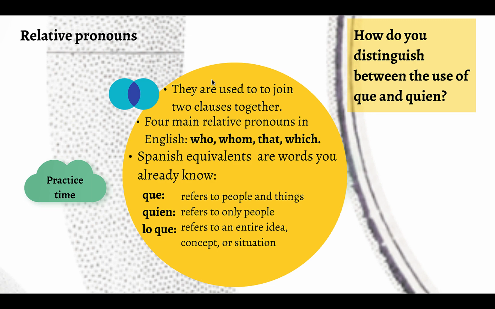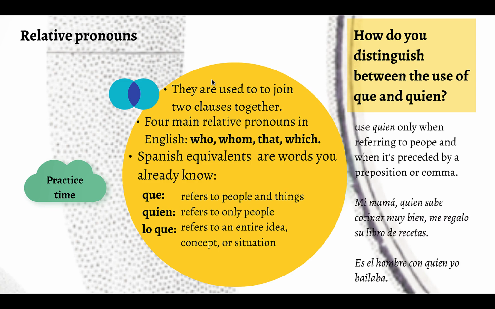So how do you distinguish between the use of que and quién if they can both refer to people? Well, you use quién only when referring to people, and when it's preceded, so that means before it, there's a preposition or comma. Aquí hay ejemplos.